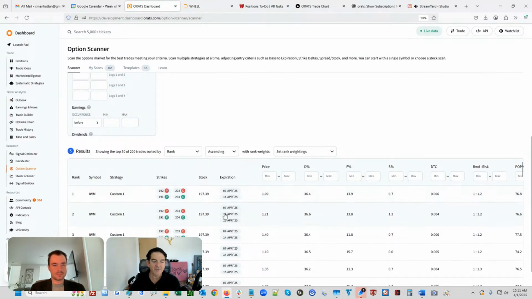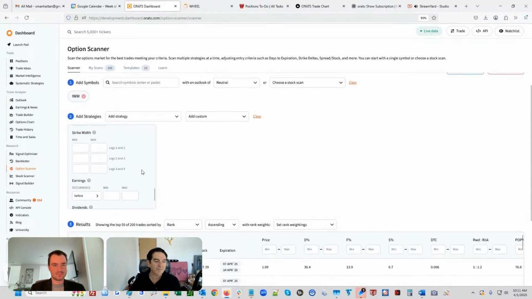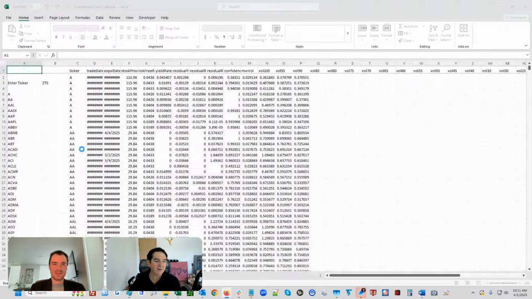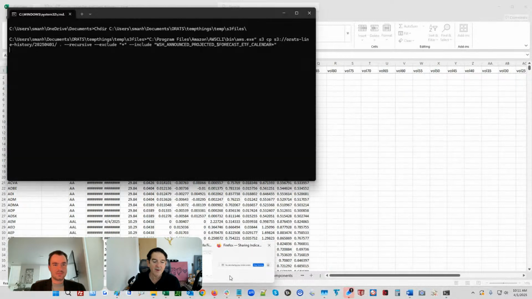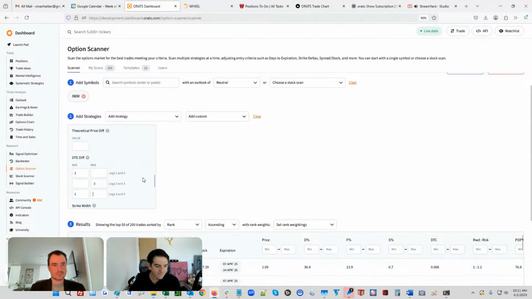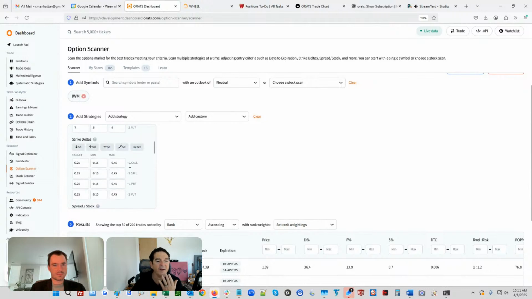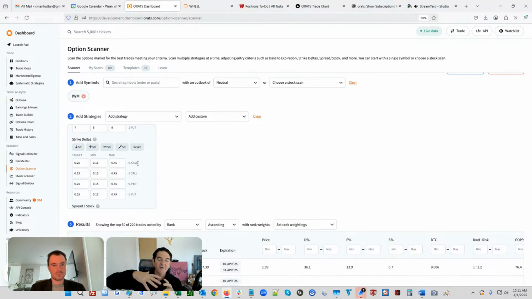We found some trades. So another thing that we may want to do is set the strike width. Do we want to? And this is where you could say, hey, I want the long closer to the money or farther away. In this case, I want to do more of a farther away one, because what happens is if it goes up to it, both of them are going to kind of increase in price.